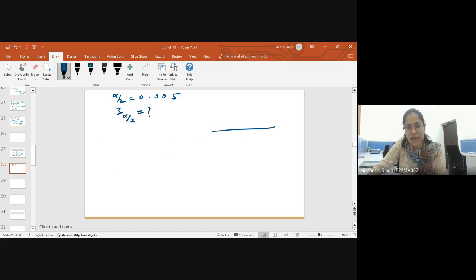So what is z alpha by 2 actually? If I have this normal curve, then this point is called z alpha by 2 if the area here is alpha by 2.